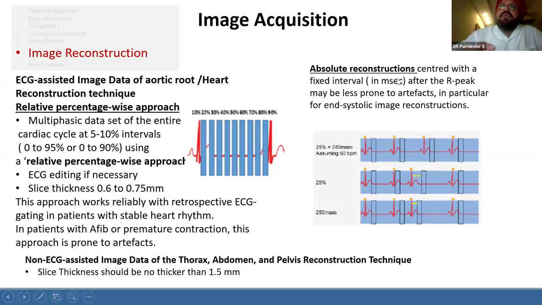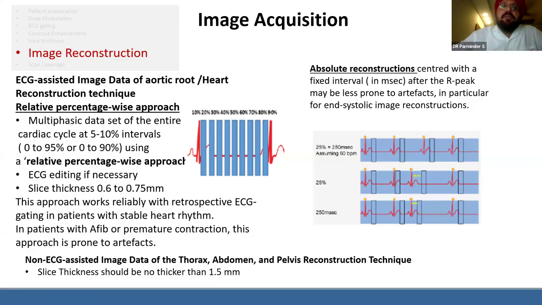The second is absolute reconstruction. In the relative percentage-wise approach, we take a multiphasic data set of the entire cardiac cycle, like in the figure in the middle, and we analyze the data in 10% or 5% increments from 0 to 90 or 0 to 95 percent. ECG editing may be done if necessary, and slice thickness is again 0.6 to 0.75 millimeters.